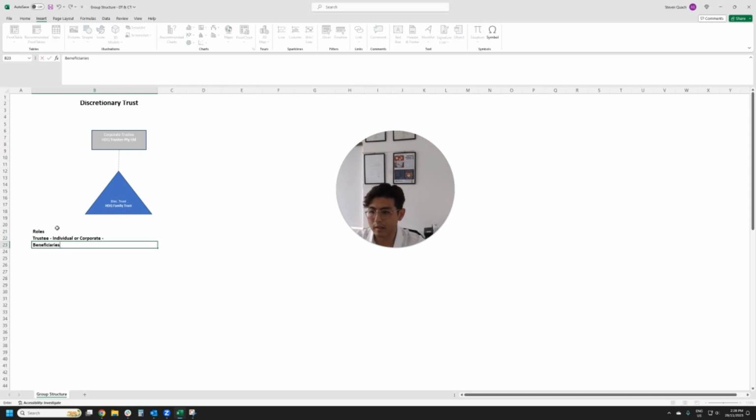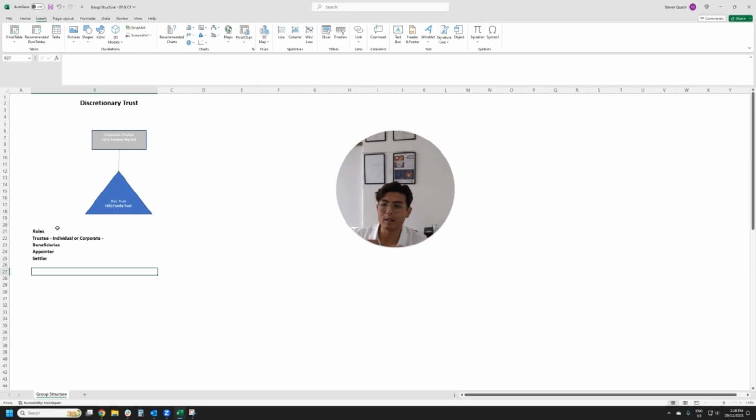The beneficiaries are the people who can benefit from the trust. The appointer is the person who has the discretion to change the trustee at any time, so basically ultimate control. And the settlor is the person that sets up the trust and it really isn't involved afterwards.